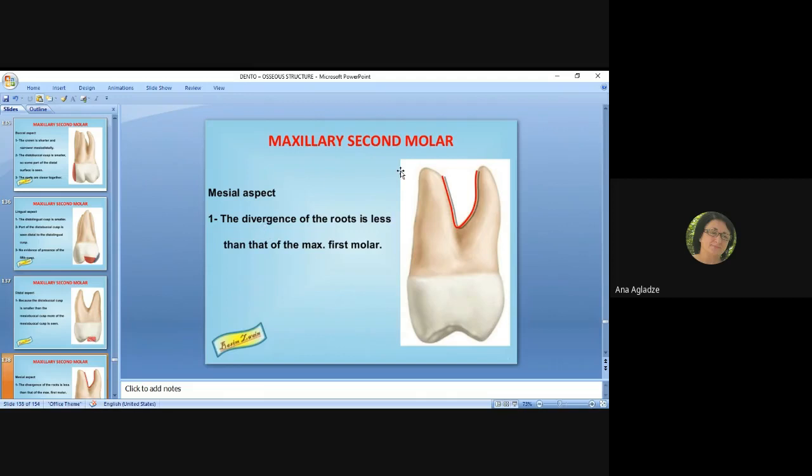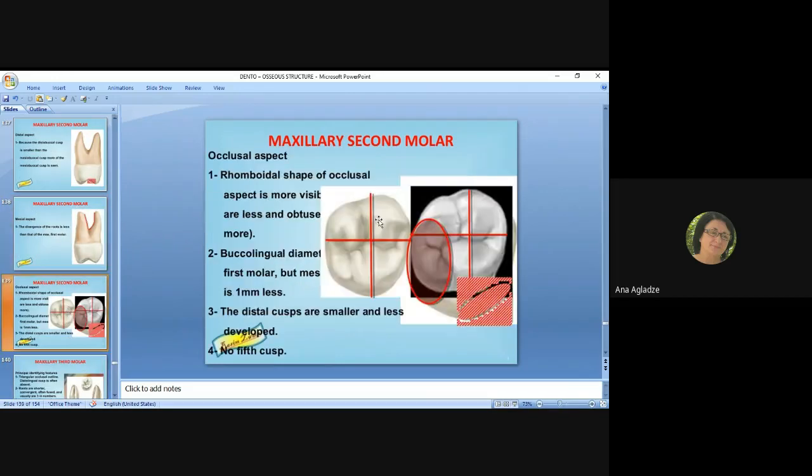The divergence of the roots is less than that of the maxillary first molar. And this is the occlusal aspect, which is rhomboidal in shape.